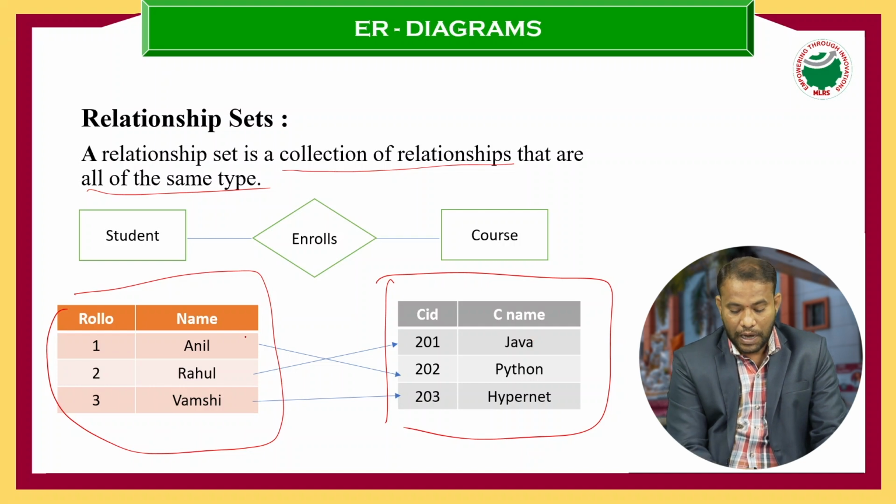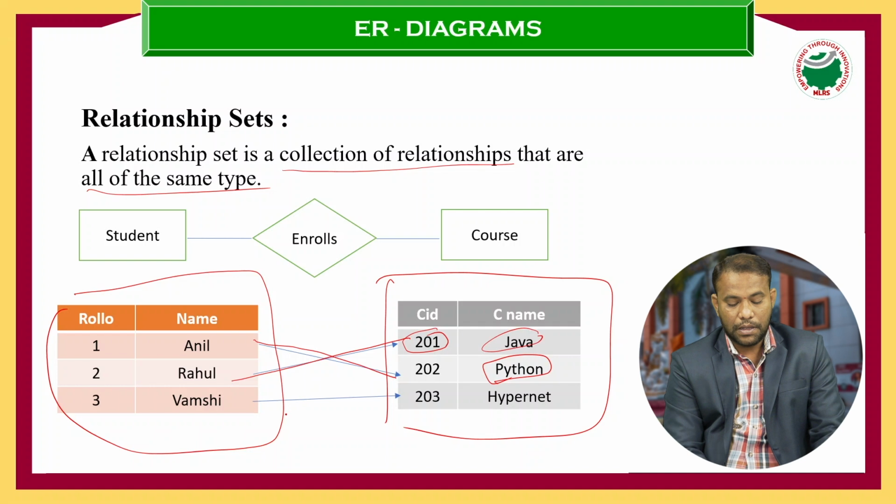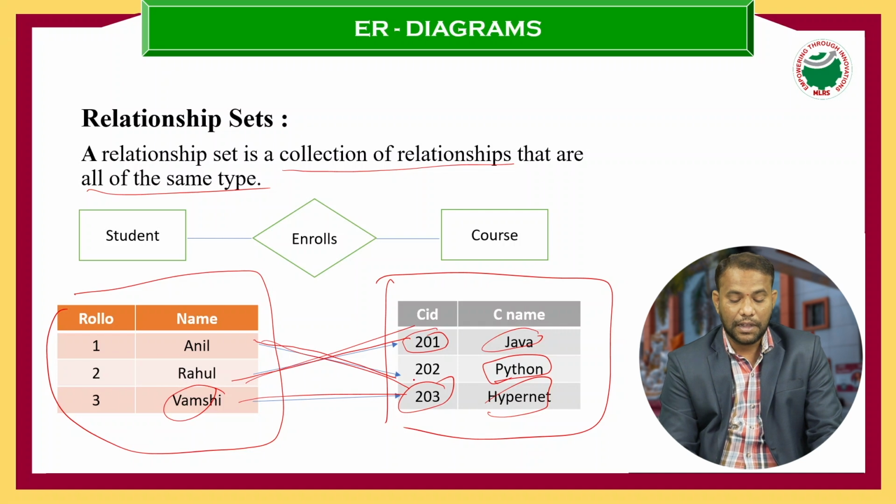Anil is registered for course ID 202, that is Python, whereas Rahul registered for course ID 201, Java, and Vamshi is registered for course ID 203, that is Dotnet. So a relationship set is a collection of relations. These are the different relations, so it is called a relationship set.